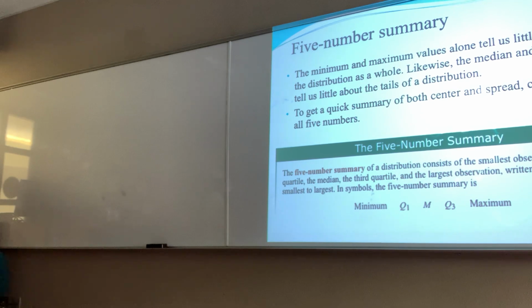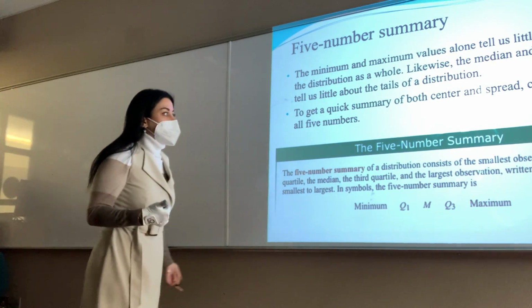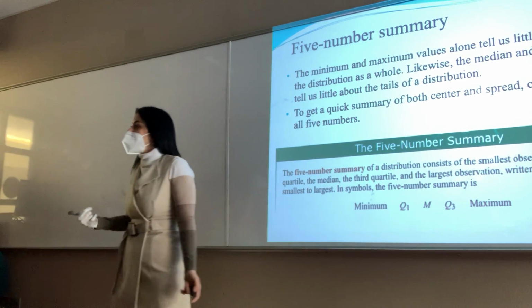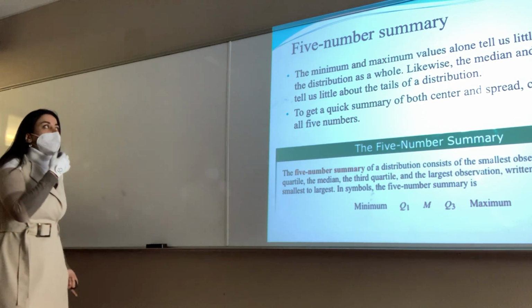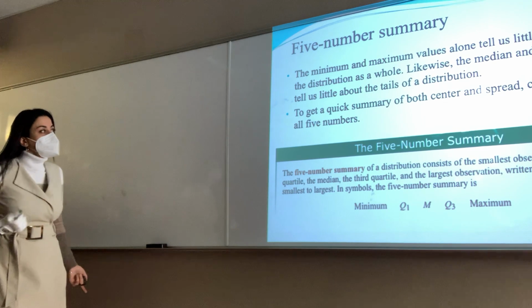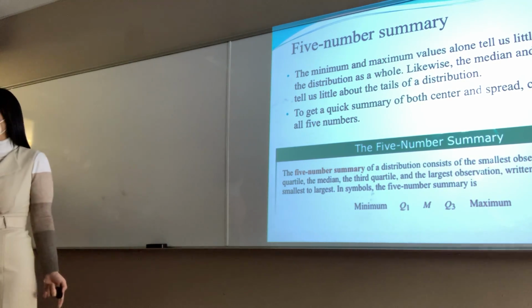We call that a box plot. So far, we talked about graphs like the histogram and the stem plot, and they were all for quantitative variables. And this is a new one, a new graph that helps us interpret the data set in a different way.